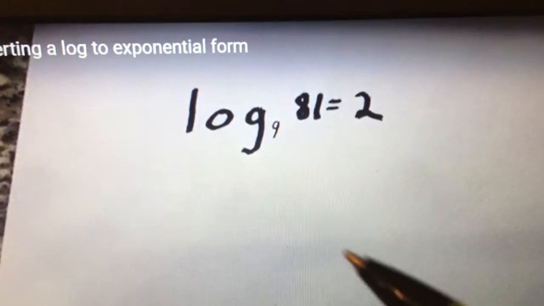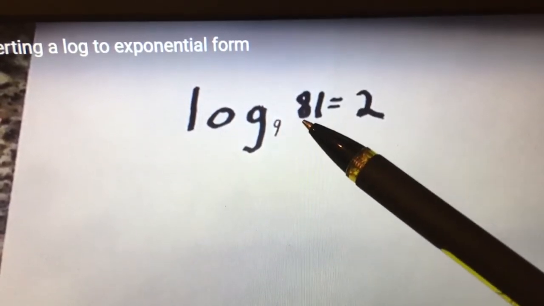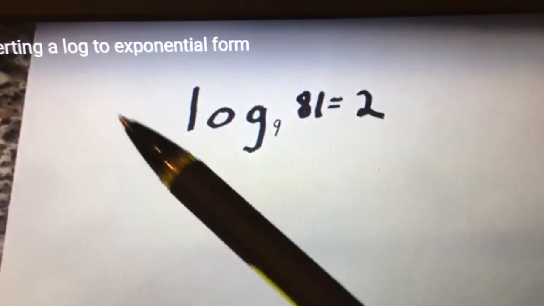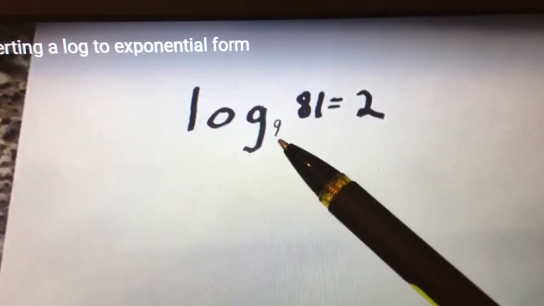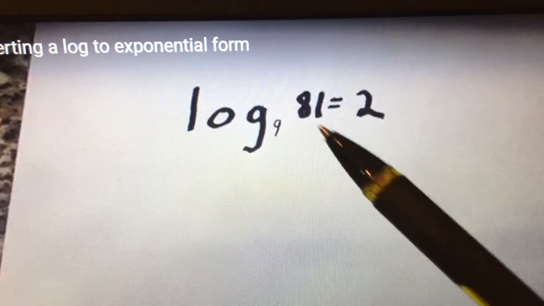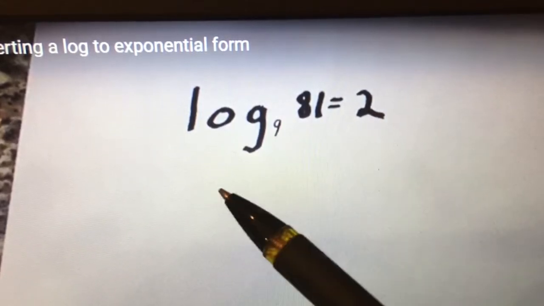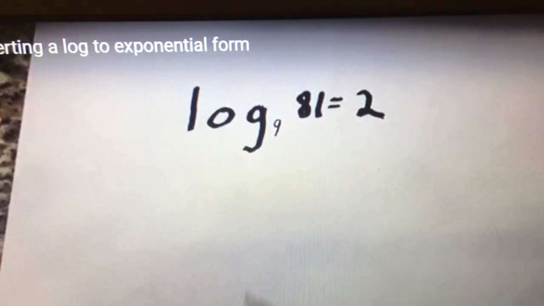So let's take a look at log base 9 of 81 equals 2. And I'm going to rewrite or convert the log to exponential form. So there's some exponential form that makes a true statement such as this. Now, if I were to misspell the word log, me being me, I would misspell it as the word, I don't know, leg.